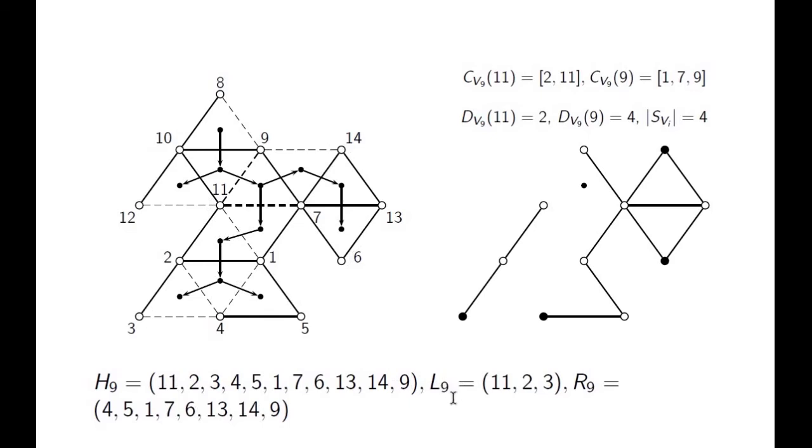L with index 9 is the list of vertices lying on the path from the left corner leaf to the vertex 11. And R is the list of the rest of the vertices lying on this boundary. So it's the list from 4 to 9.